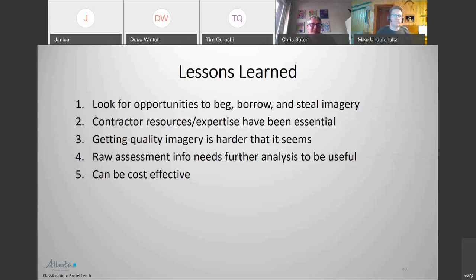And I think what Mike also alluded to is that the image acquisition and classification can be very cost effective relative to other collection methods.